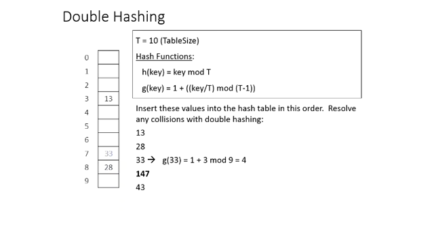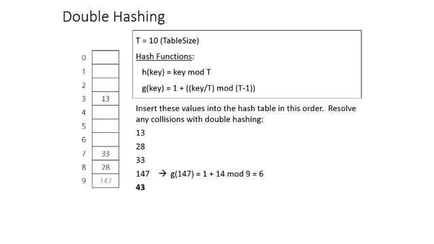3 mod 9 is 3... I've done something wrong here. So 147 divided by 10 will be 14. Sorry. 14 mod 9 is 5, so 5 plus 1 is 6.